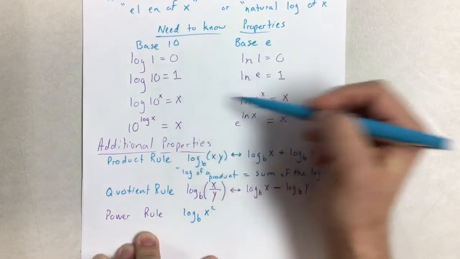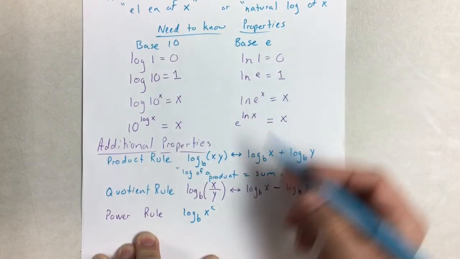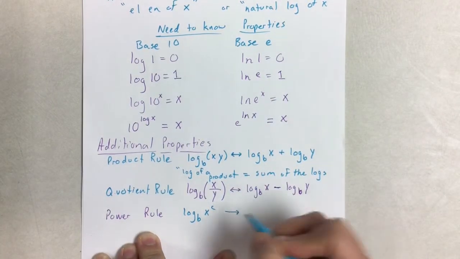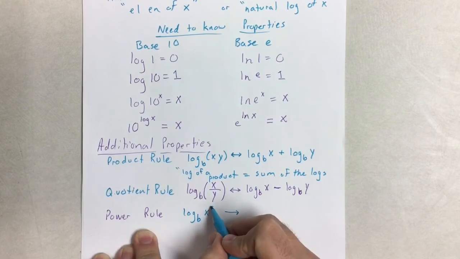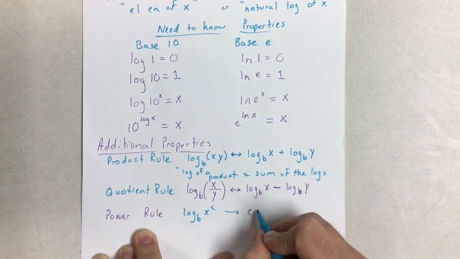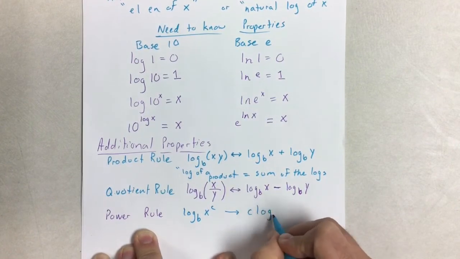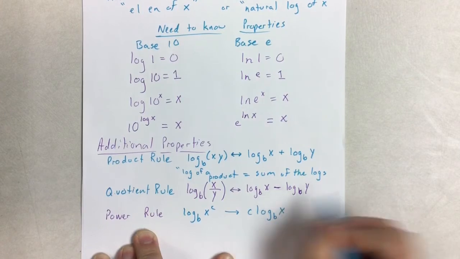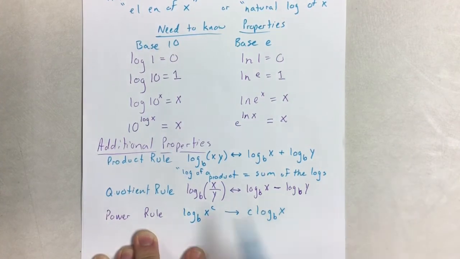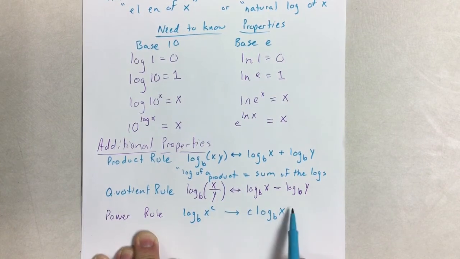That's what we saw up here. How we can rewrite this is that this exponent I can bring to the front. Any exponent, we're able to drop down to the front of our logarithm. Notice it's no longer there as an exponent.